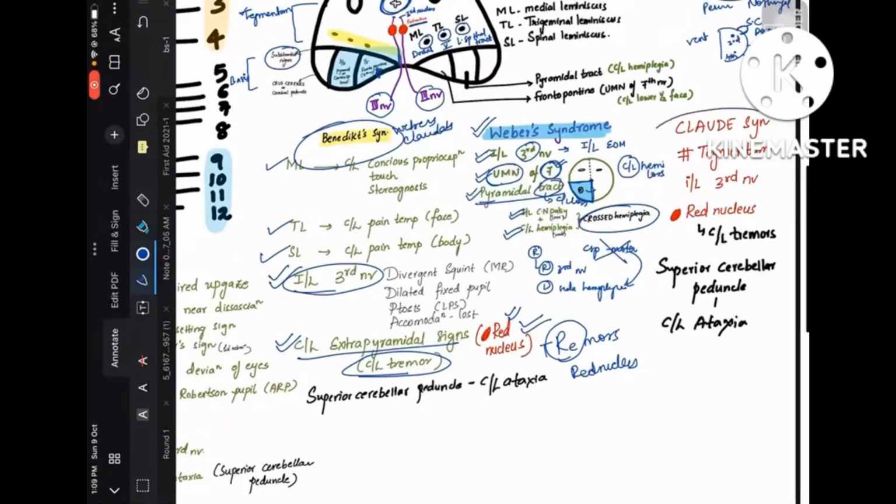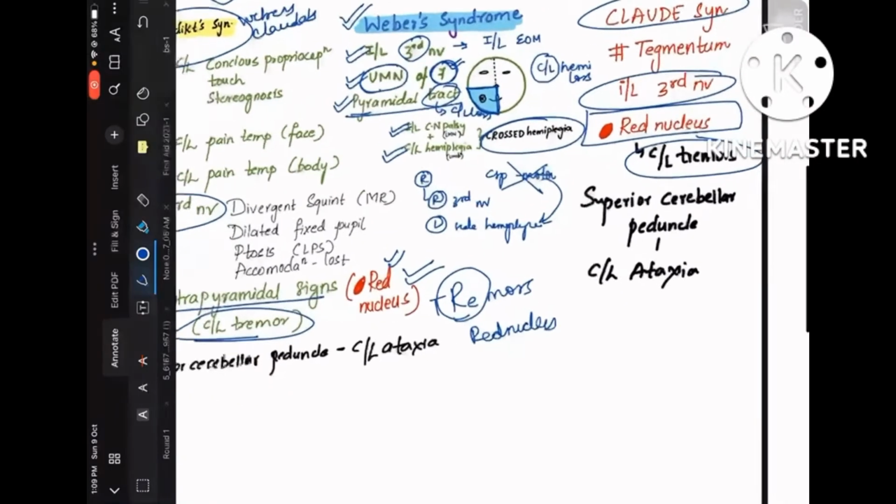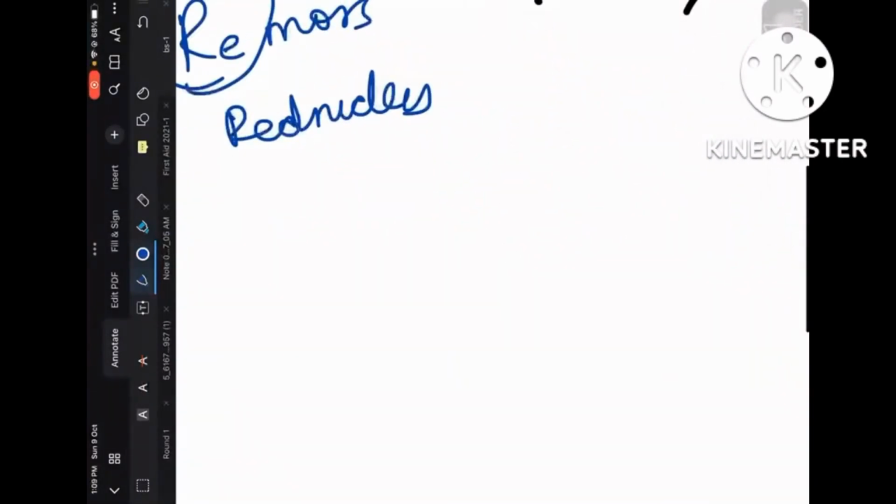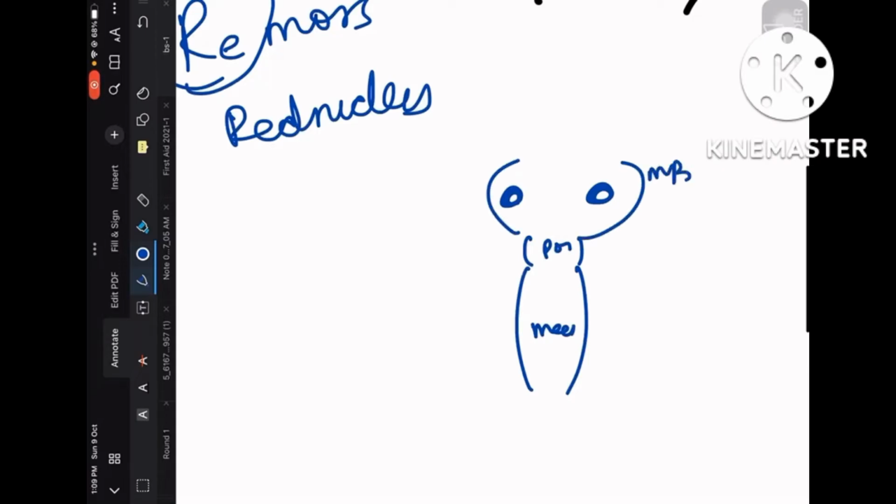Claude syndrome is all about the red nucleus, that's why contralateral tremors, and ipsilateral third nerve is involved. See, in the red nucleus, what happens is, guys, here this is the medulla, here this is the pons, and here this is the midbrain, right?